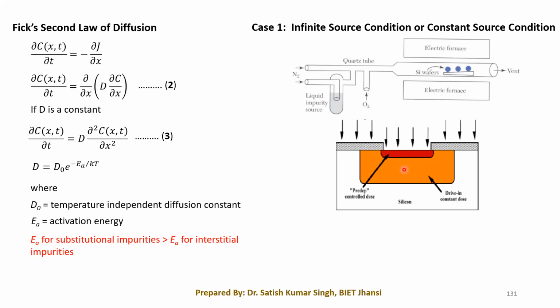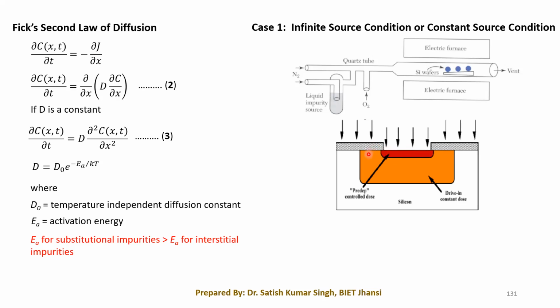That maximum value is equal to Cs, called the solid solubility. It is the maximum limit available at the surface, so the concentration cannot be greater than Cs.